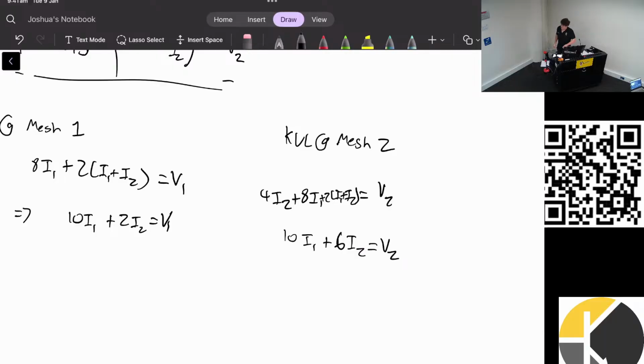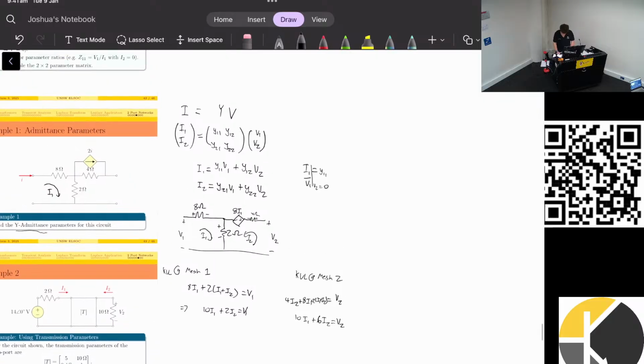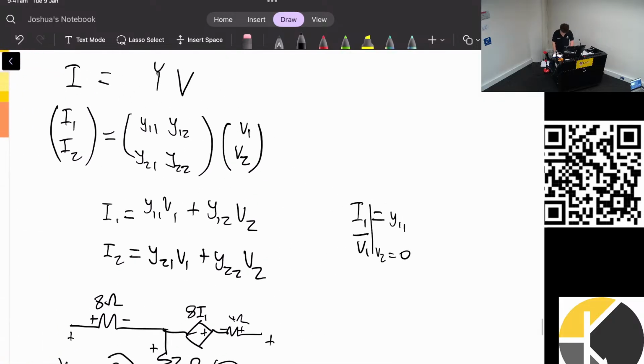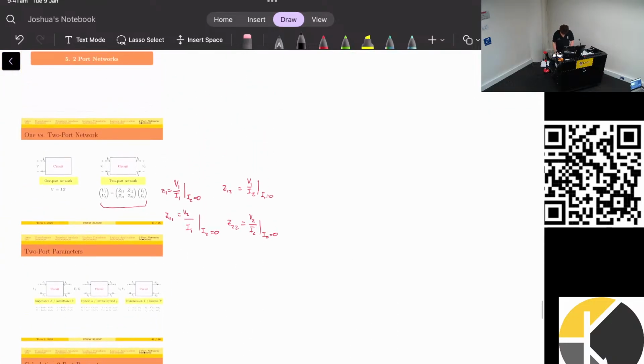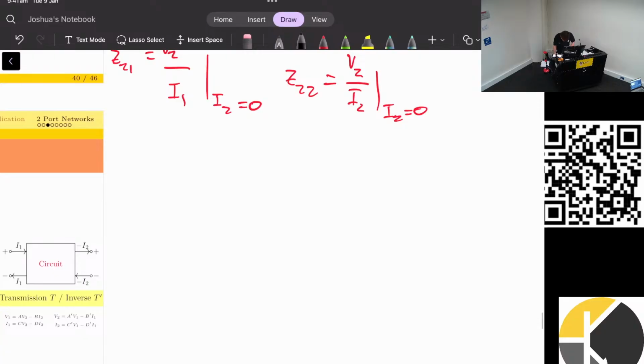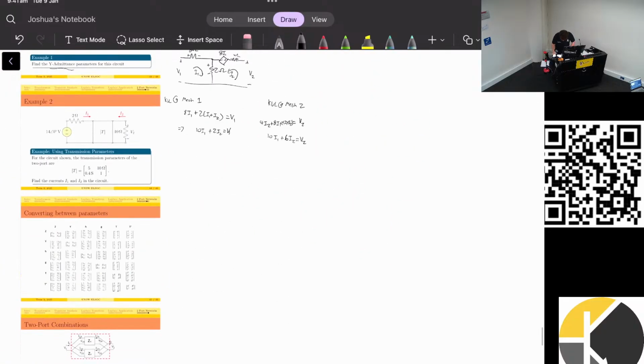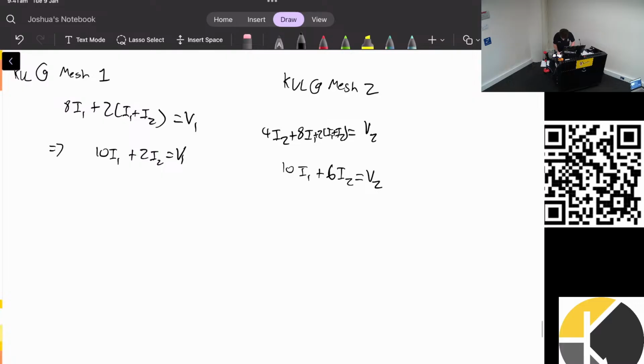Now, it'd be really nice if they asked for Z params here. I'll tell you why. Remember this little expansion that we did earlier? See how if we do Z parameter expansion, it will be exactly like this. Unfortunately, they've given us y parameters.